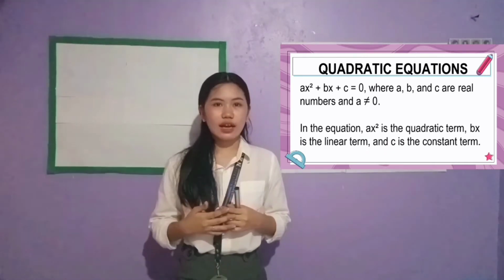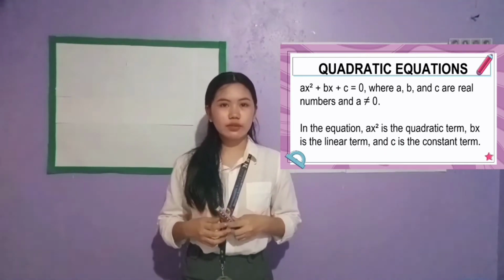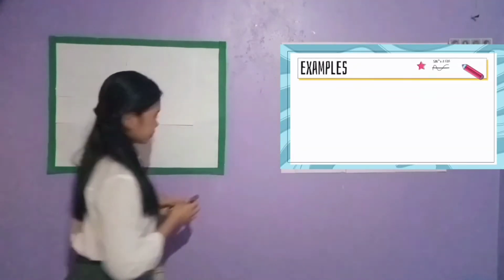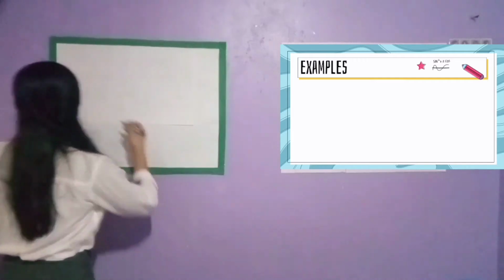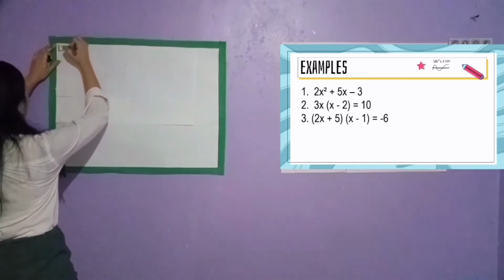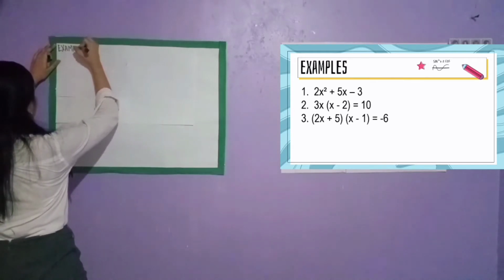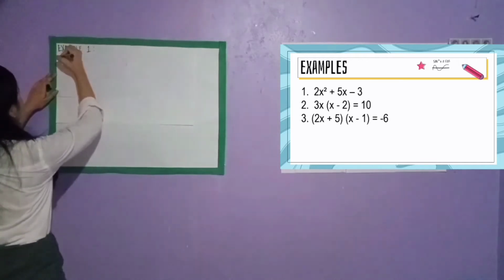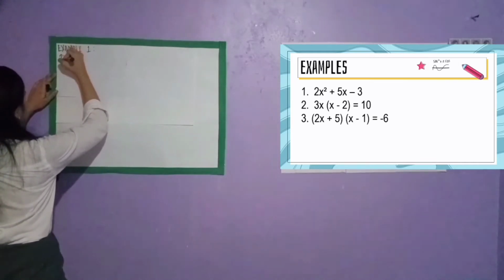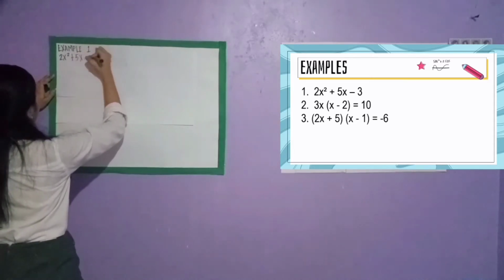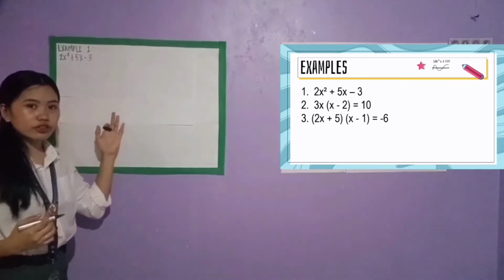So let's have an example to be able to understand this properly. For example number 1, we have here... it is a quadratic equation, right?